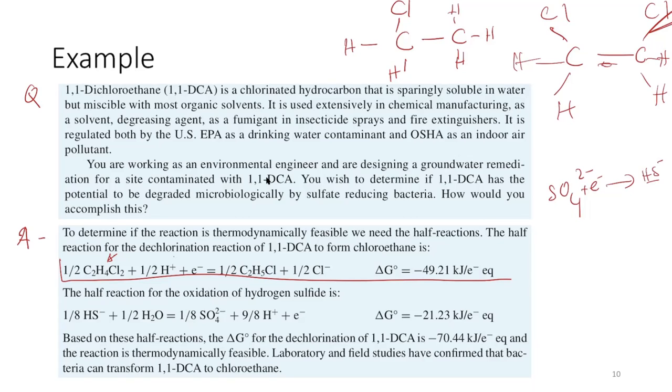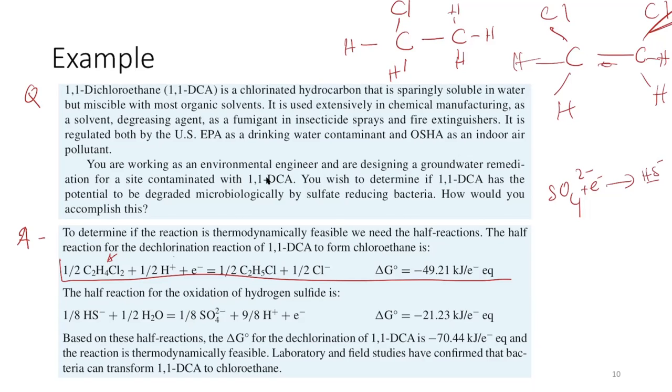It means that it needs electrons to be degraded, to kick out 1 of the chlorines from the contaminant. Again, these hydrocarbons are toxic because of that chlorine. So your goal is to kick out that chlorine. So what it does is replace that chlorine with hydrogen, and in that process, they need electrons. That's why it's a reduction process.